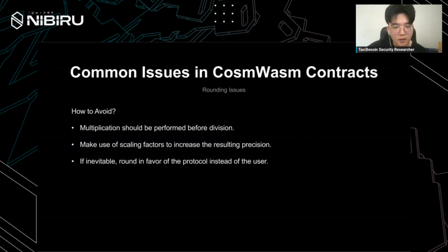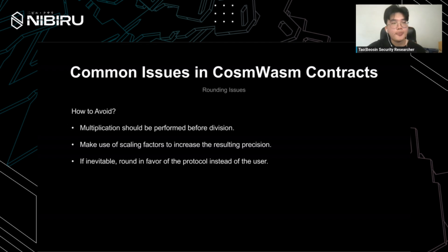To avoid or mitigate the loss from rounding issues, first you should do multiplication before you do the division, and make use of scalar factors to increase the resulting precision.